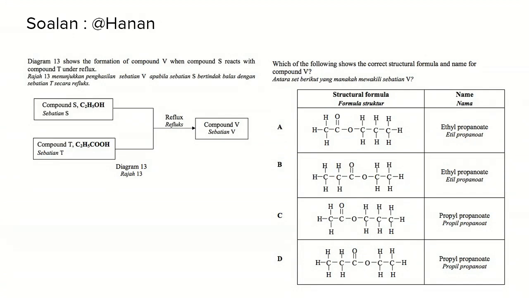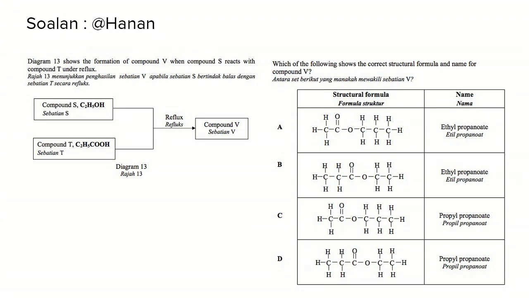Compound S is C2H5OH. Okay, and compound T, so C2H5OH, you need to know what it is. So this is an alcohol, ethanol.